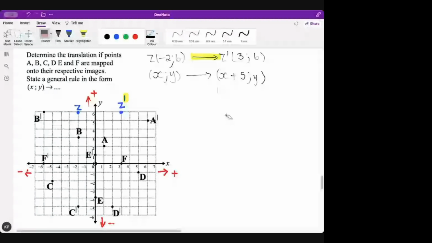You get what the point of a general rule is. Because if you miss that coordinate by one space, it is no longer a translation. You have now changed the whole entire shape. Do you get what I mean? So you get the rule using one point, and then you move the rest of them accordingly. Okay, so we're going to do these general rules for A up until F.